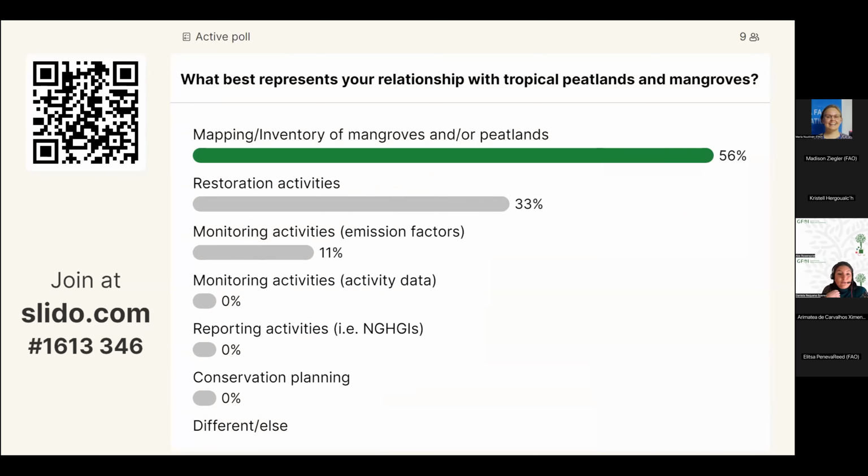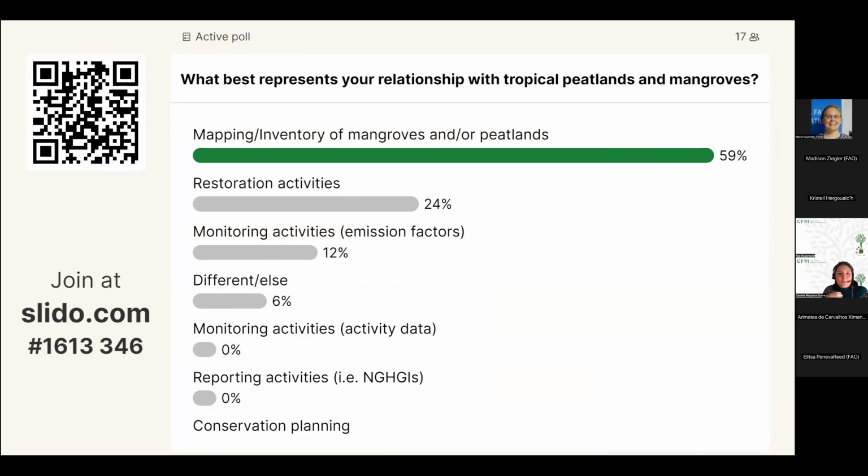Please feel free to choose more than one option if that is the case. And of course, if you are curious about this topic but currently do not engage in any of these activities, then there's also the last option, which is different activities, or something else.